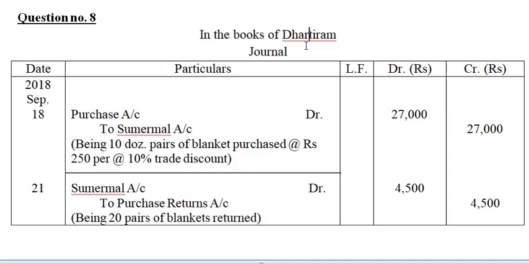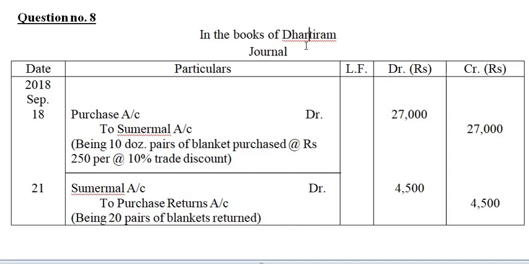Now, on 21st September, Dhartiram returned 20 pairs of blankets and on 29th September sent a check to settle his account. Pass necessary journal entries in both the parties' books, also show Sumarmal account in Dhartiram's books.